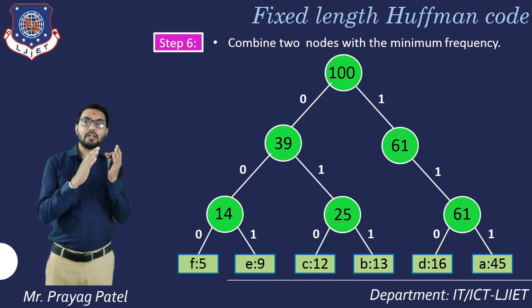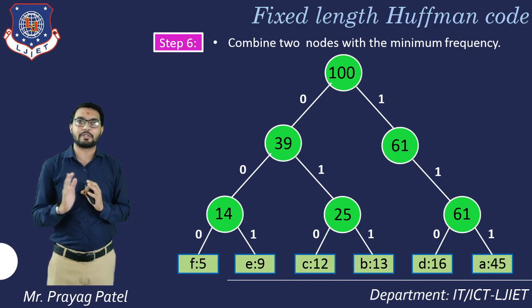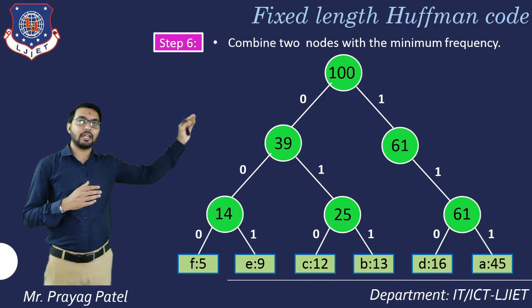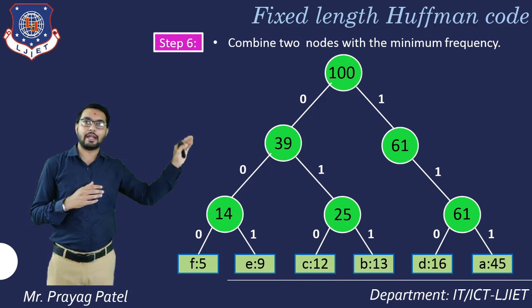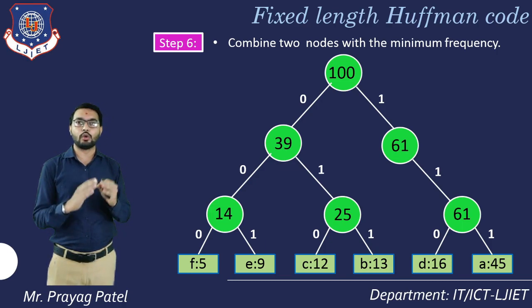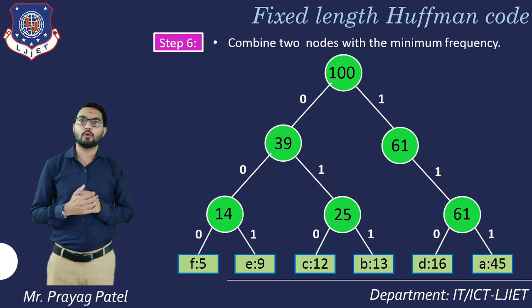In 61, the left child is not represented; 0 is the left child and the right part is 61 as it is. So the intermediate node 61 is added because we want to arrange the data and find the code in the same length.